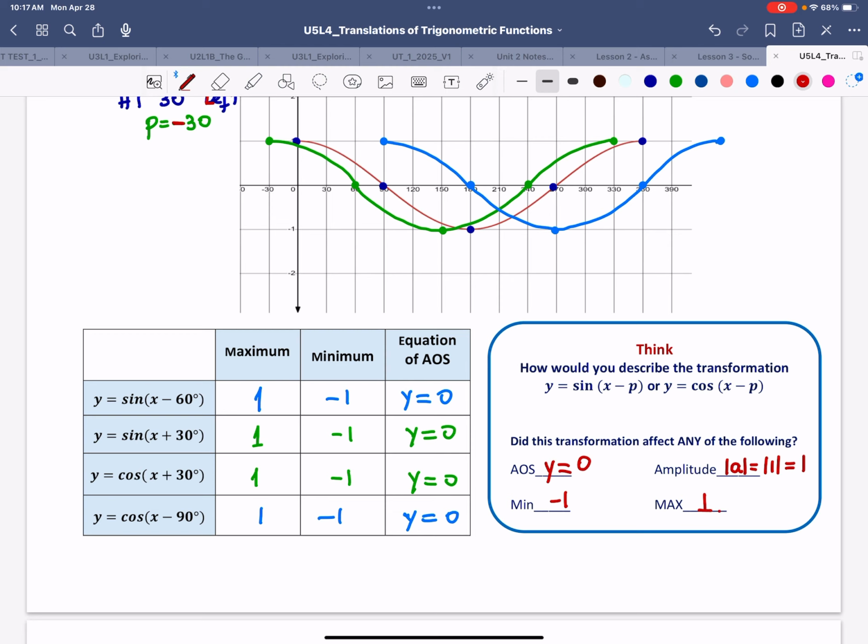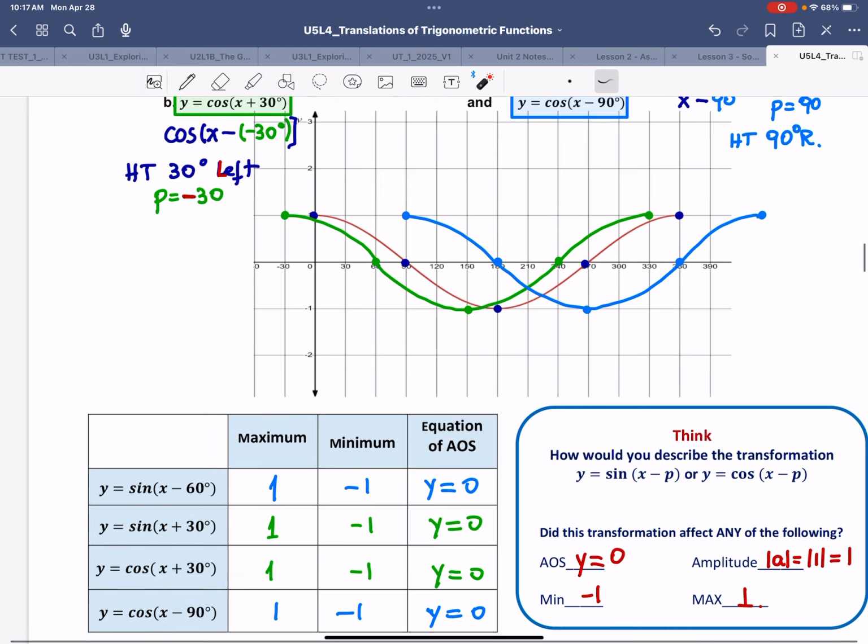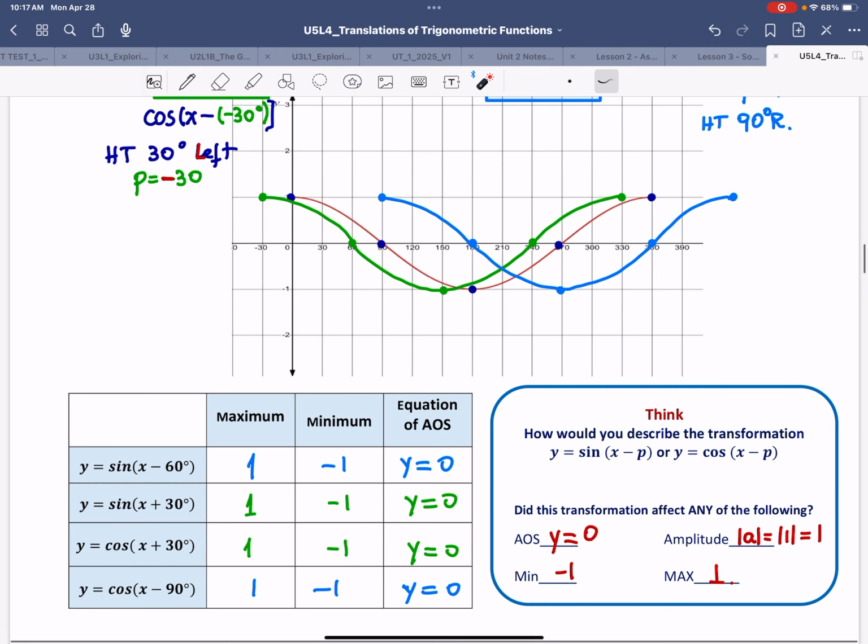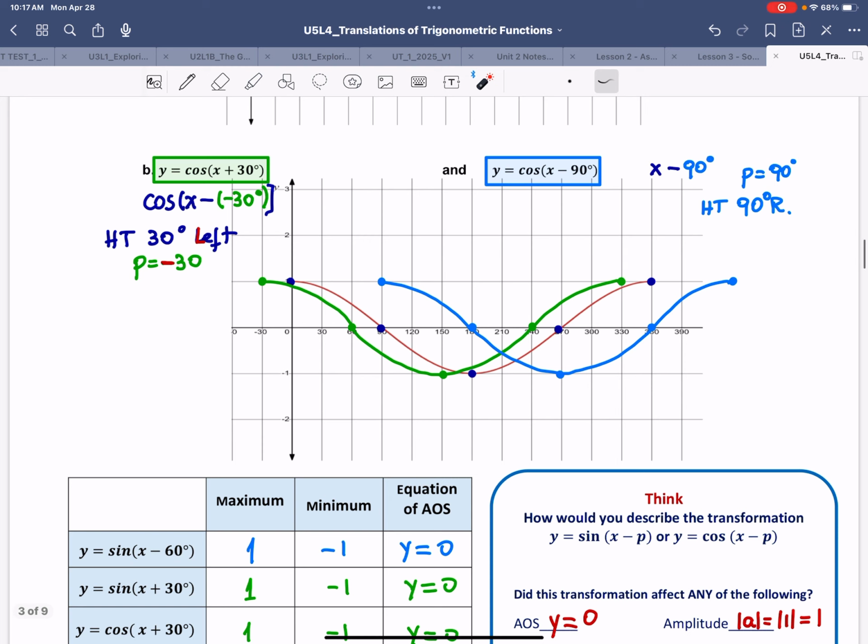Now, what are the things we look at when we transform a function horizontally by translating it? This is not a very formal definition, but I would say that the first cycle of the graph is the one that is closest to the y-axis. For example, when you have cosine of x plus 30, this would be considered the first cycle.